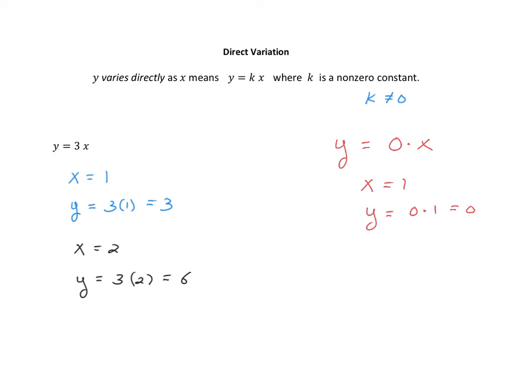But then if you compare this to, let's say, x is equal to 2, y is going to be 0 times 2, which is, again, 0. The problem here is, you're doubling the x's, but the y's don't double. In fact, they remain the same. So for that reason, we just don't allow 0. Any other non-zero number will work.